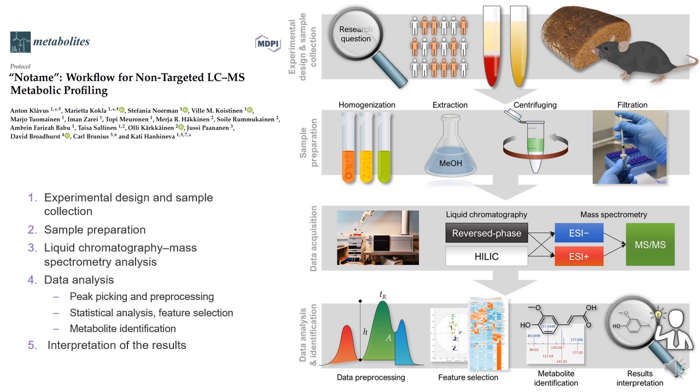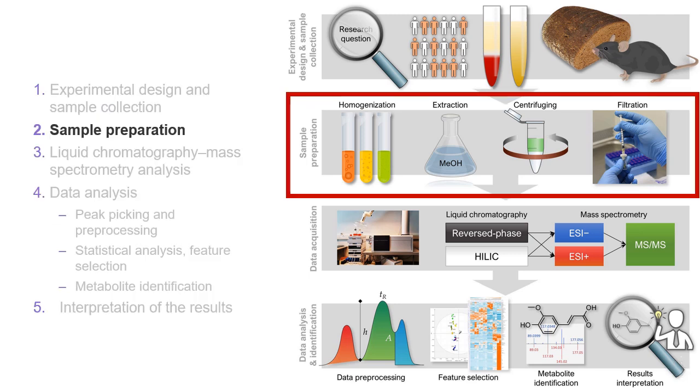So you can use, for example, human biofluids, or an animal-based sample, or a food sample, or whatever biological sample. And the experimental setup is then based on what your study question is. And on that part we don't focus any further today.